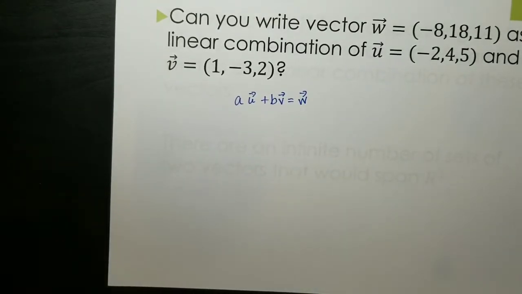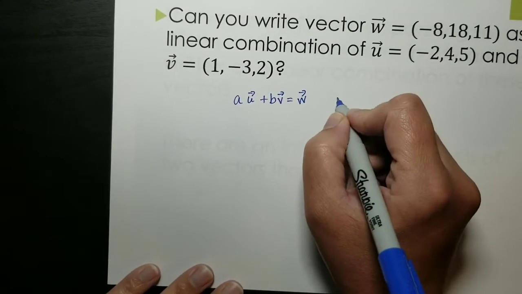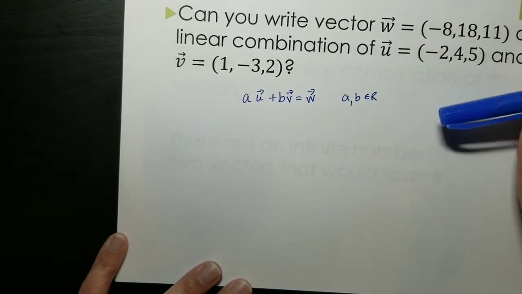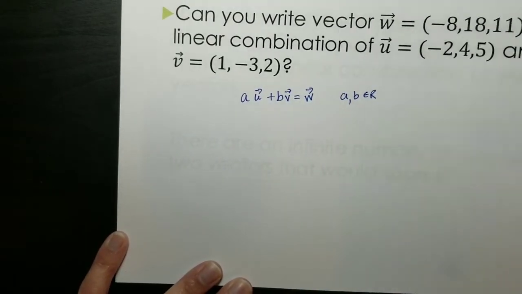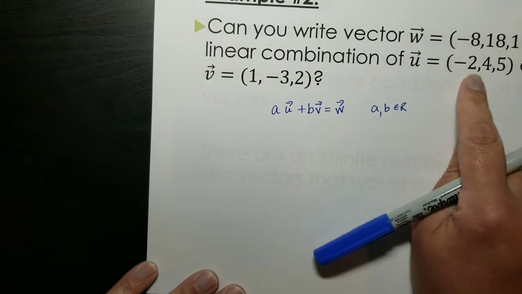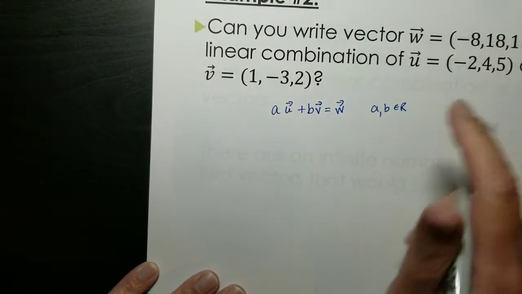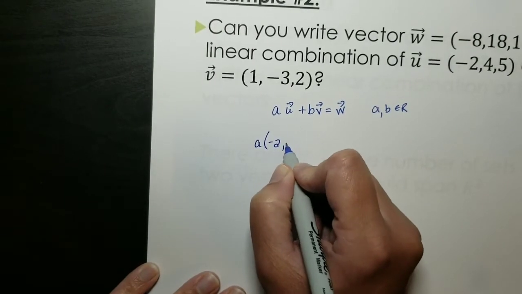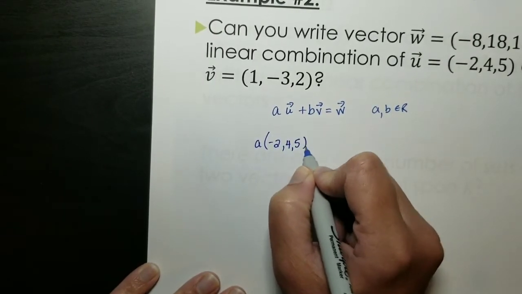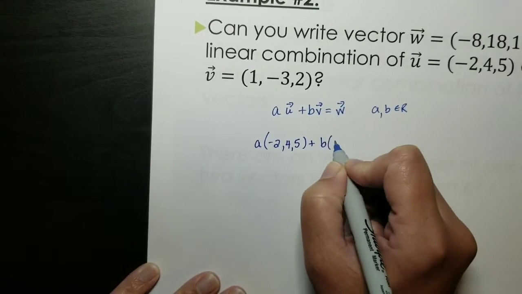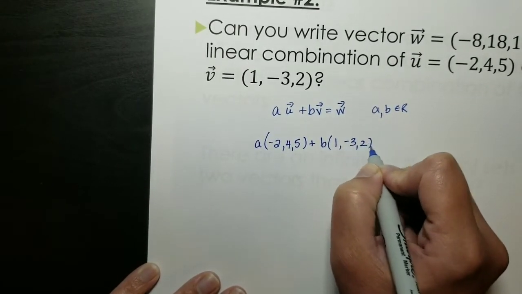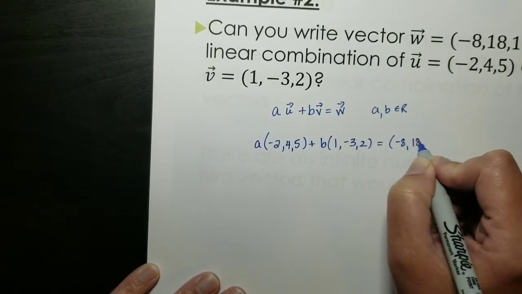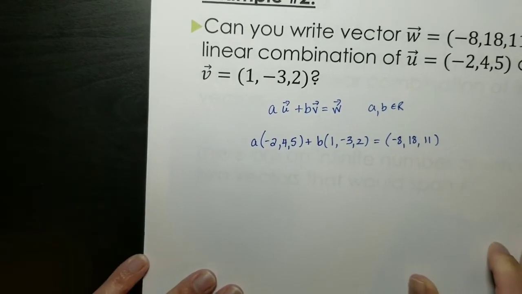I'm just going to state that a and b are any scalar real number values. So I'm going to write this in component form. I'm going to have a times (-2, 4, 5) plus b times (1, -3, 2) equals vector w, (-8, 18, 11).